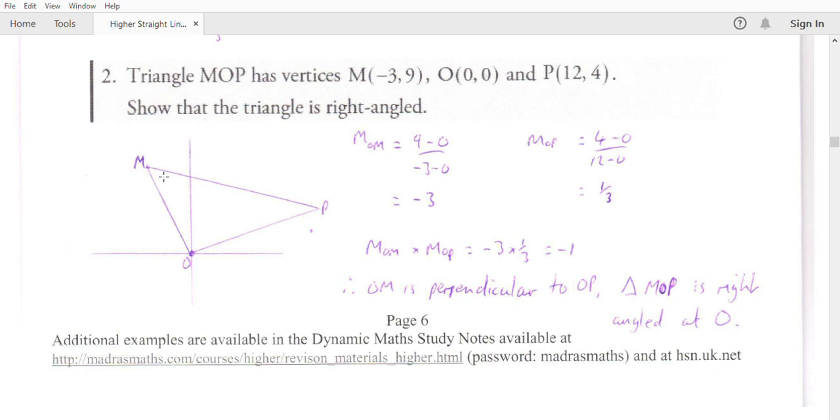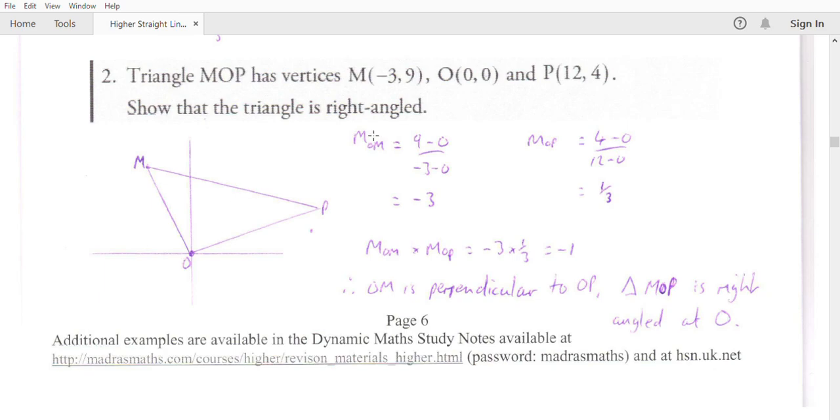I don't really want to guess my way through it. If I do a quick sketch, then from the sketch we can tell it's going to be at point O, which is the origin. So if I can show that OM and OP are perpendicular, then that means that the triangle will be right-angled.